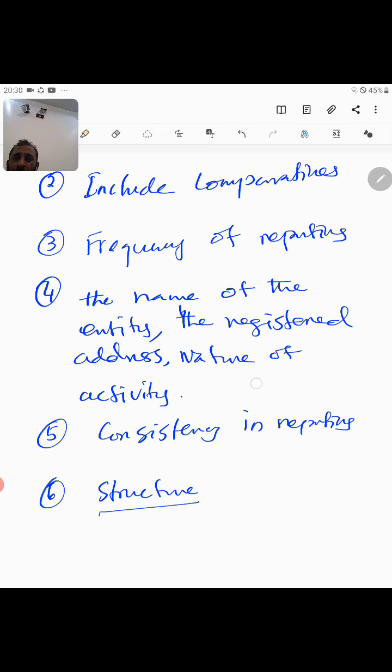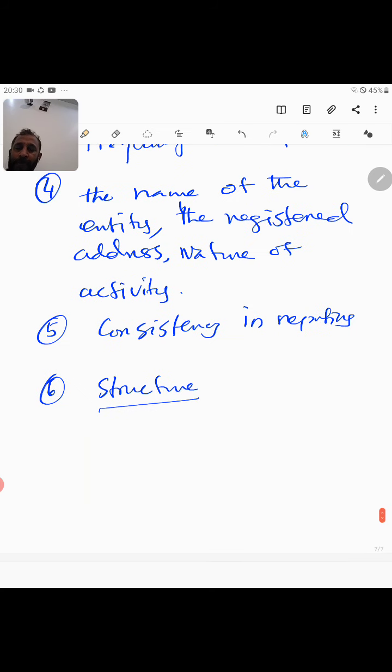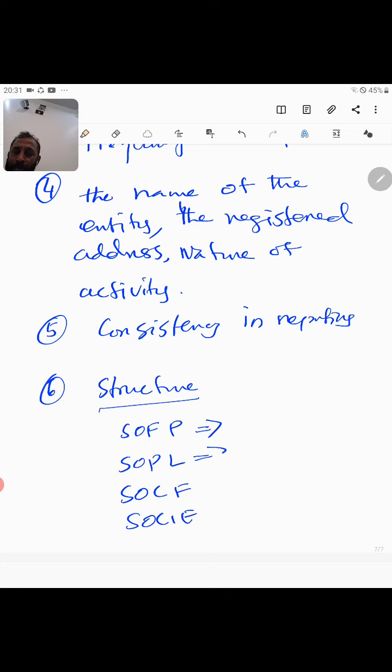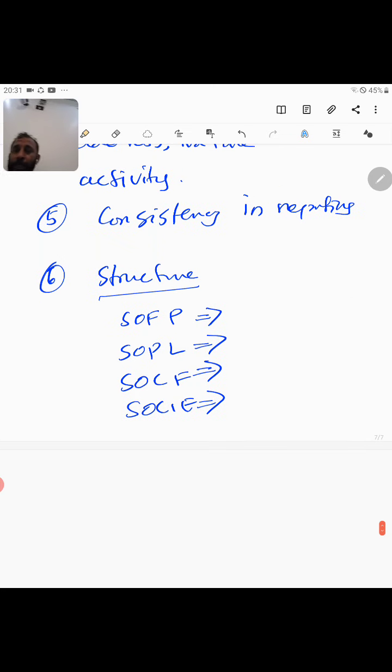IAS 1 talks about the structure of the statement of financial position, statement of profit and loss, statement of cash flow, and statement of changes in equity. Please refer to any of your materials. All the structures have been elaborated, which you can easily find if you Google it. Otherwise, please do contact me personally, and I should be able to share it with you.